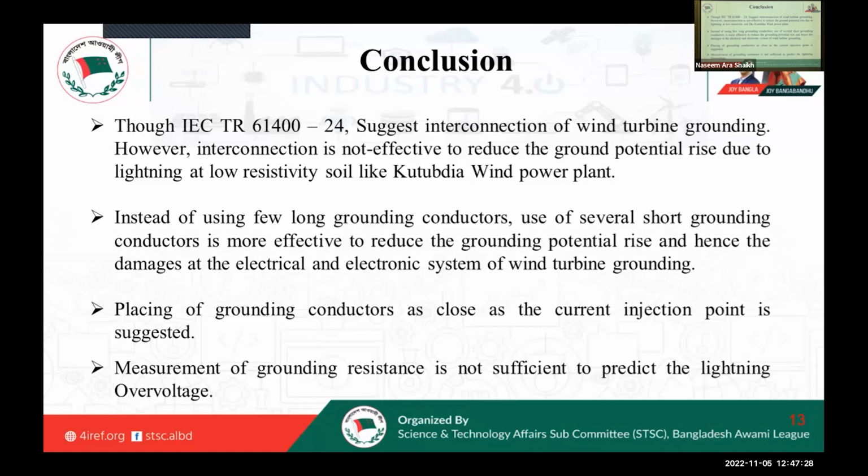We have to analyze the system either by injecting the lightning current or by simulation software that handles Maxwell's equations, the electromagnetic equations. We have to do this before or during installation in order to estimate the overvoltage. Measurement of grounding resistance alone is not sufficient for the lightning protection of the wind turbine grounding system.